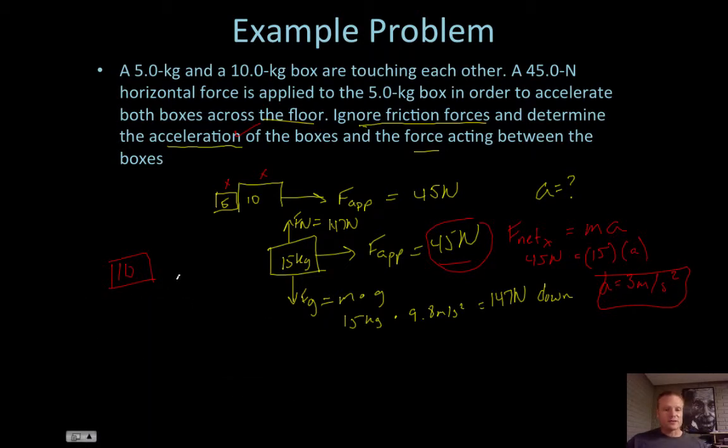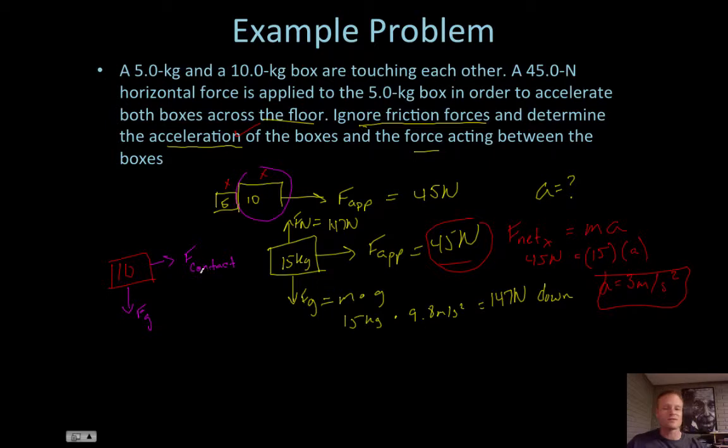So remember the two-step approach to drawing a free body diagram. First thing you do is draw in the weight, or the force of gravity. Then ask yourself, what is touching this 10 kilogram box in this picture? Well, we know the 5 kilogram box is touching it, right? And so that's going to cause a force, and I'm just going to call that F contact. It's in contact with the box.